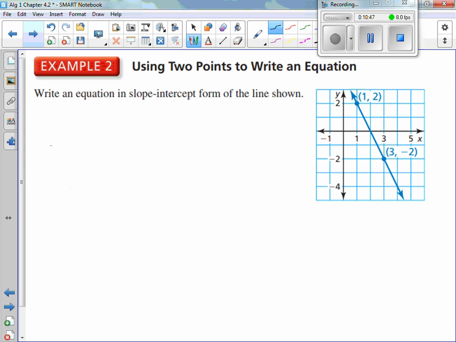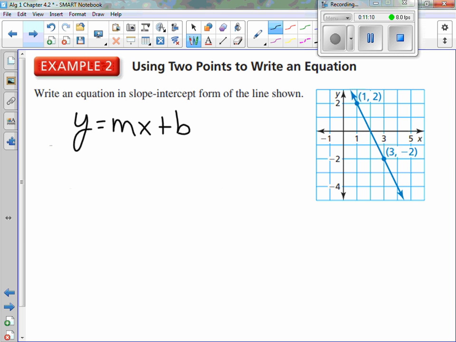Write an equation in slope-intercept form for this here. Slope-intercept form. Now, what we're wanting to get to is y equals mx plus b. This is what we did yesterday. We wrote equations in y equals mx plus b form.